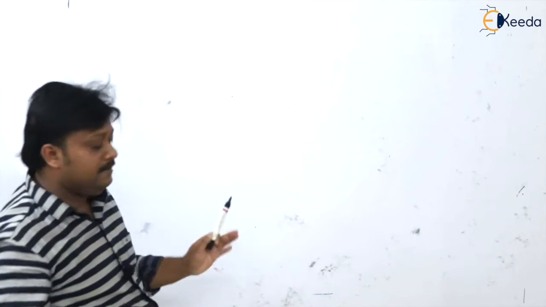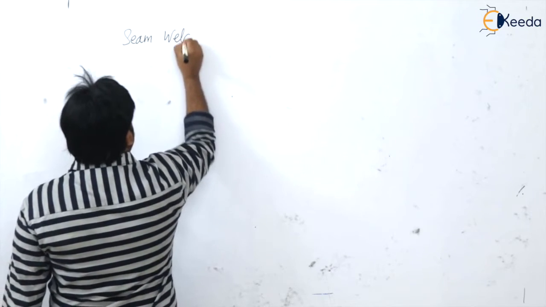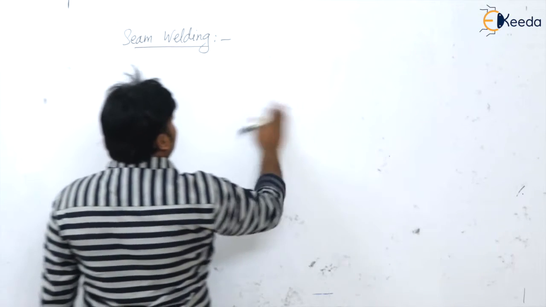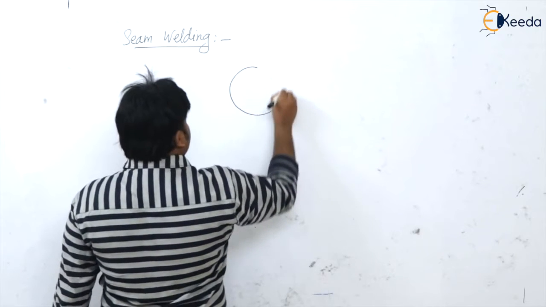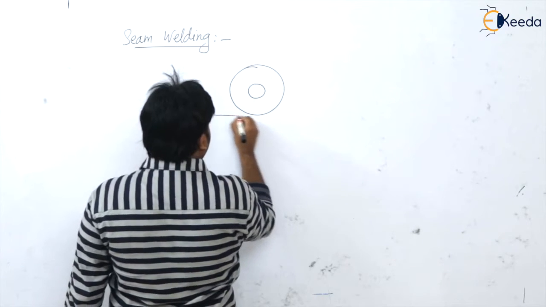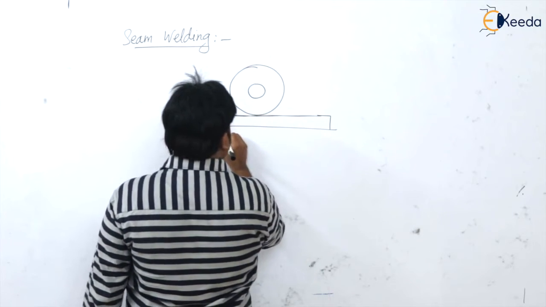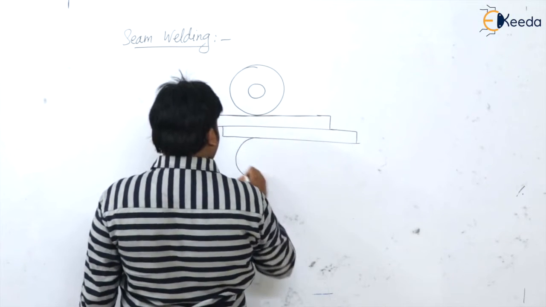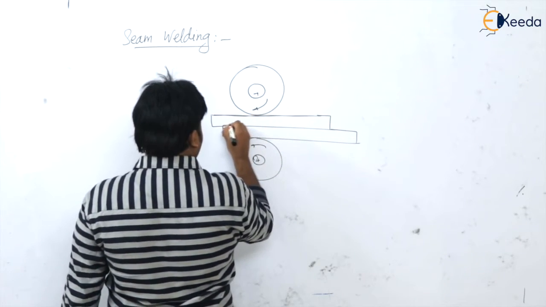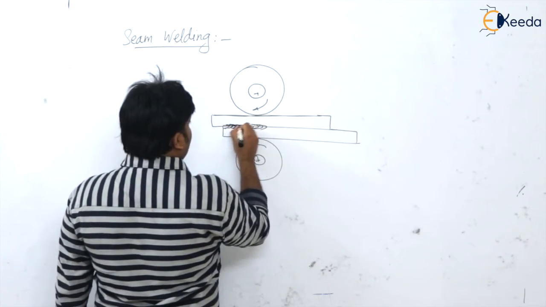Now we will move towards the next resistance welding process. After spot welding we have seam welding, resistance seam welding. There are two thick electrodes which are disc shaped, and we are producing partially overlapped spot welds.